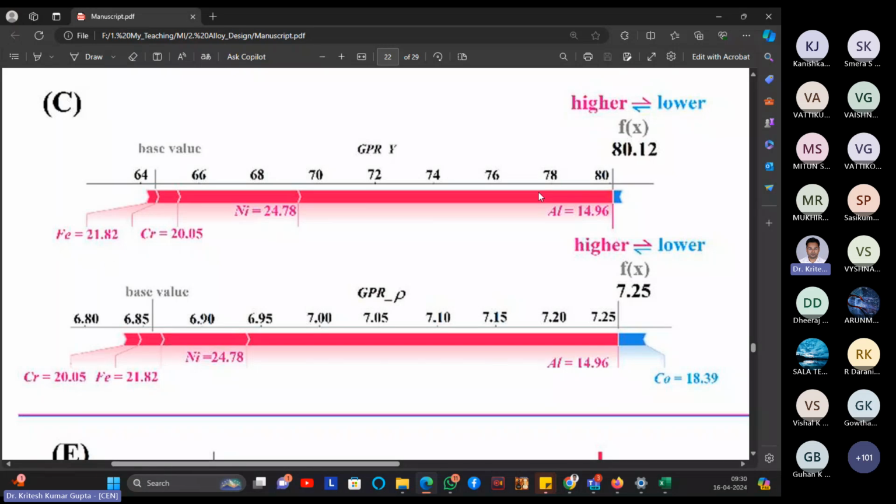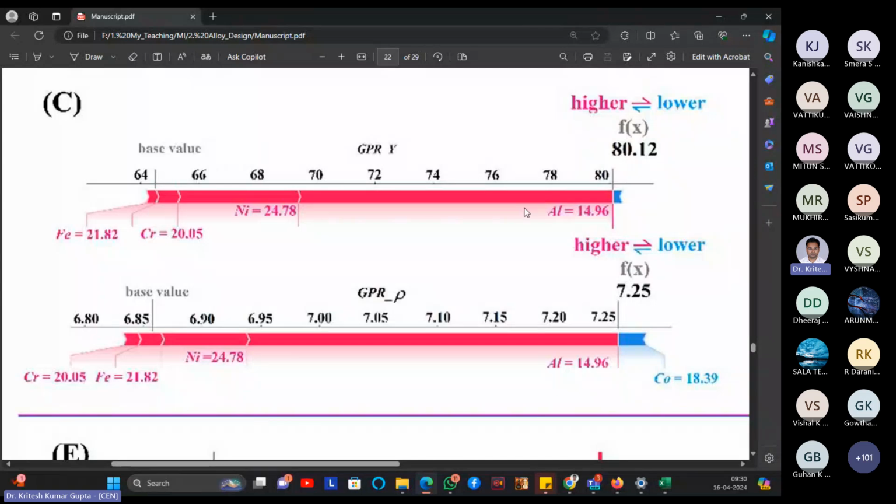So for this, how each individual input feature is varying. What I can see, cobalt is not having any say because I cannot see cobalt here, right? Whereas aluminium, nickel, chromium, and ferrous, all these things are having some positive influence, higher influence, I would say, when we want to have Young's modulus of this value.